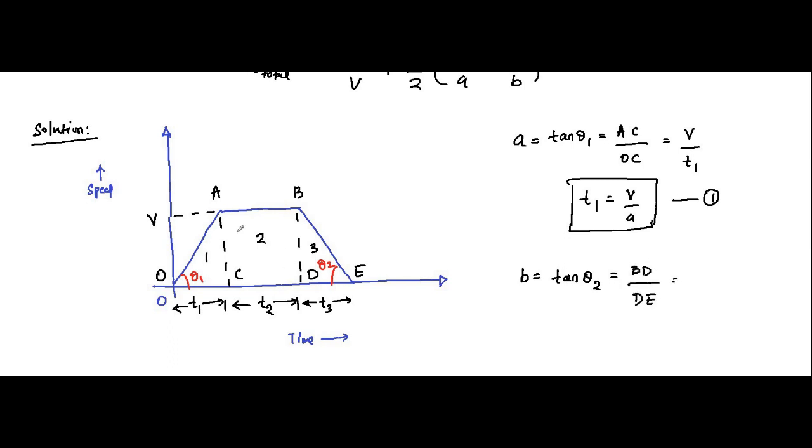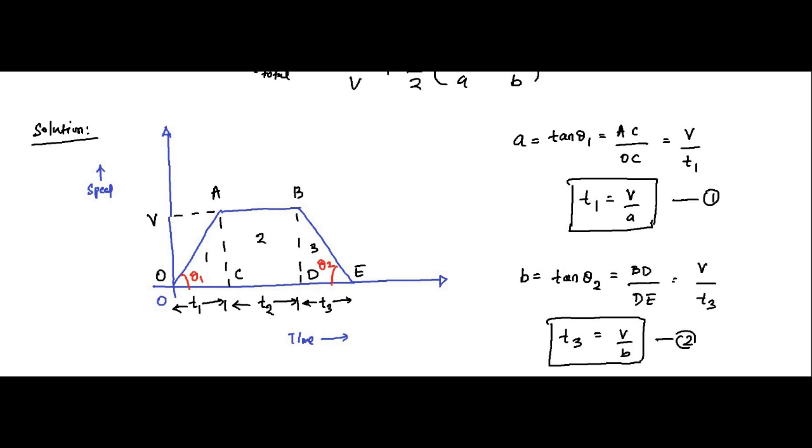Again, BD is equal to AC, which is equal to v, and DE is nothing but the time duration t3. That implies t3 is equal to v by b. Okay, it is clear up to this. These are the two important equations that will come in handy.